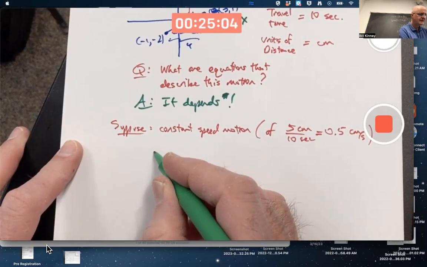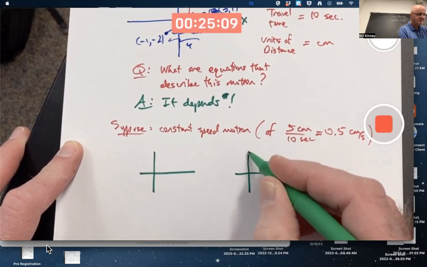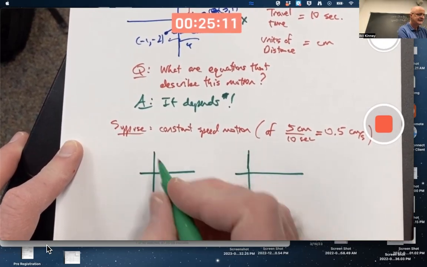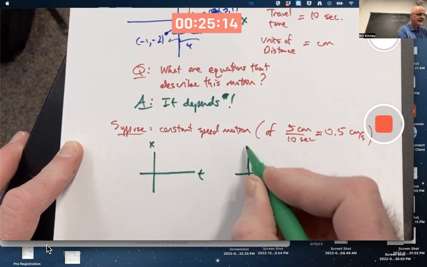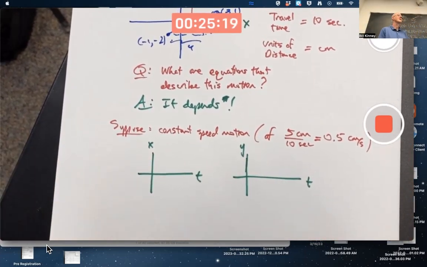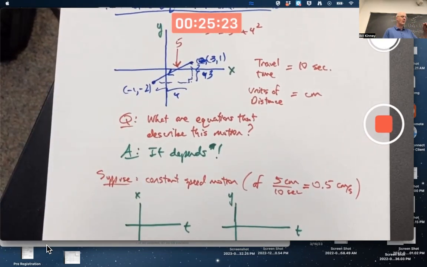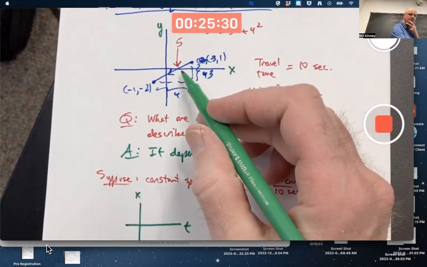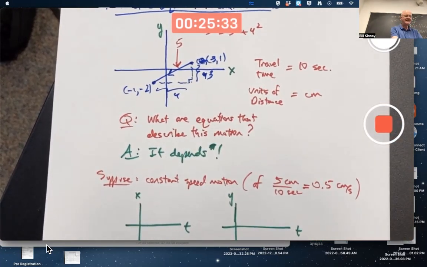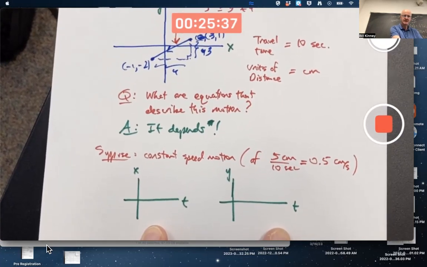I could try graphing them. 2 graphs. X is a function of time and y is a function of time. I'm trying to take the information in this picture where I'm imagining the bug moving over time and translate that to information in 2 separate graphs, x versus t and y versus t.